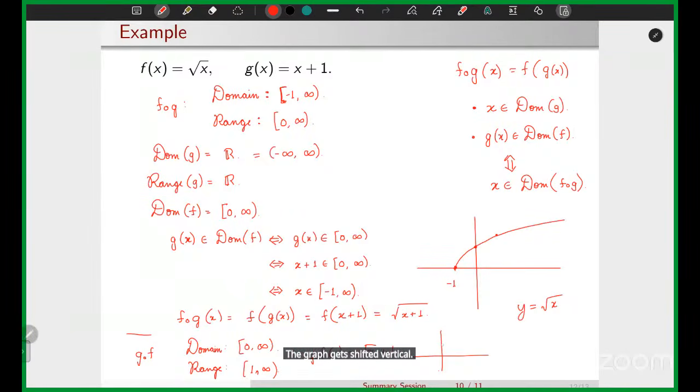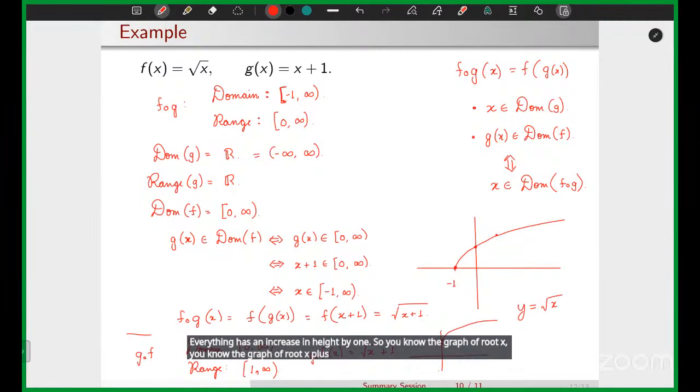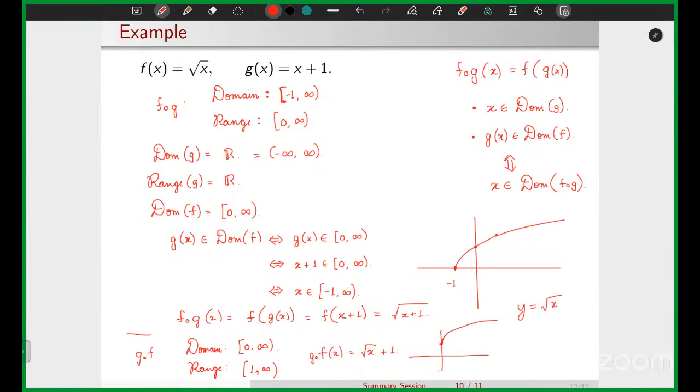So this will be this. Everything has an increase in height by 1. So you know the graph of root x, you know the graph of root x plus 1. You just push the height up by 1.